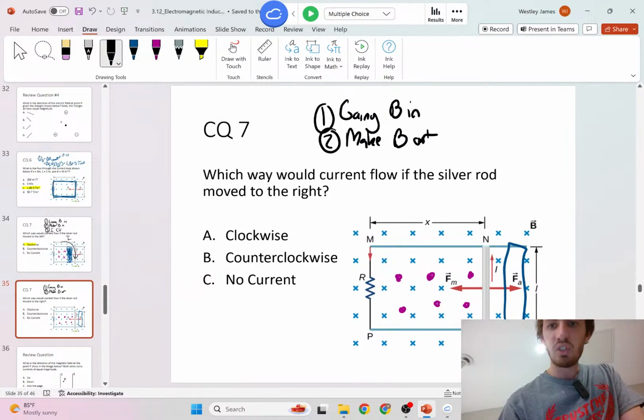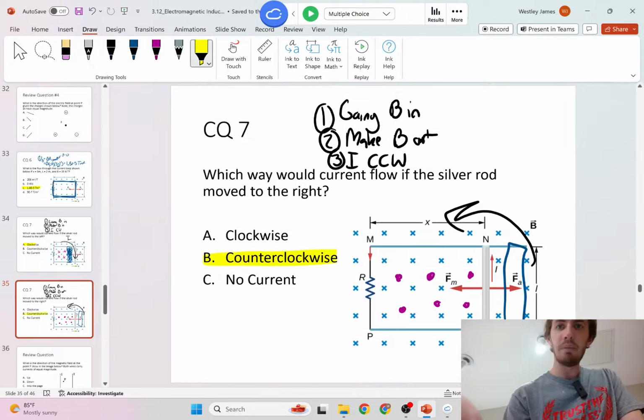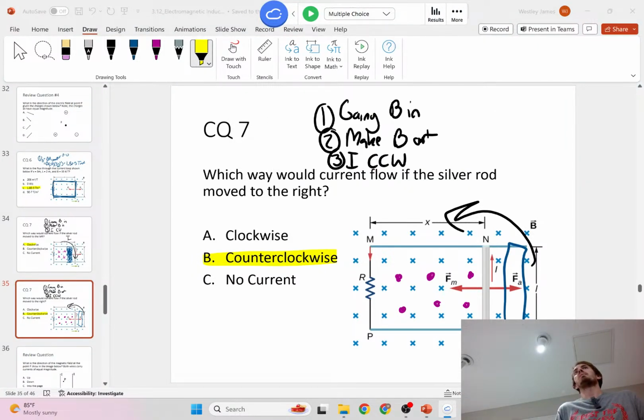And the current's going to go counterclockwise to make that happen. Counterclockwise. Bam. And, I mean, it makes sense. It's the exact opposite of the last problem, so the answer is going to be the exact opposite. All right.